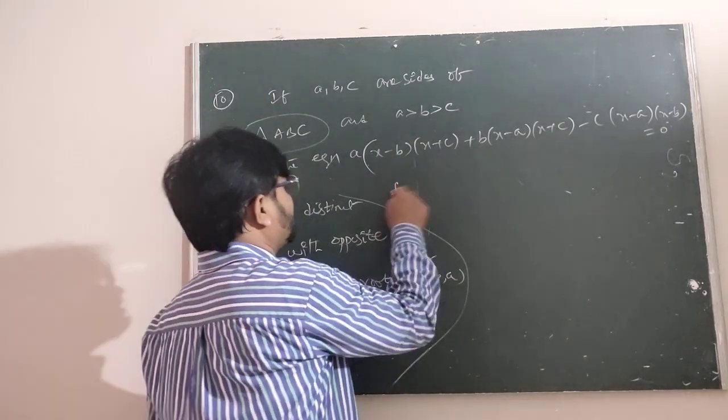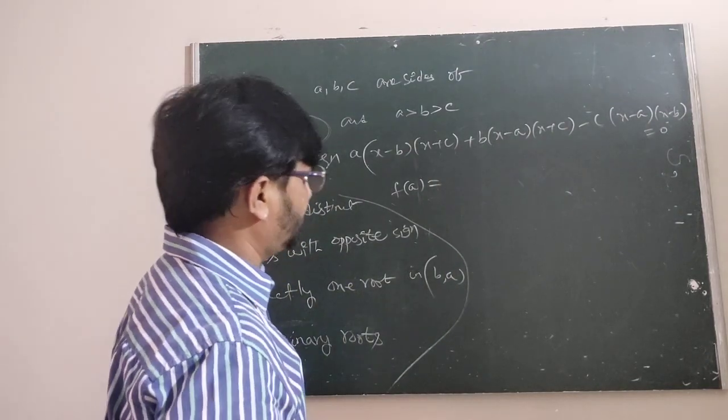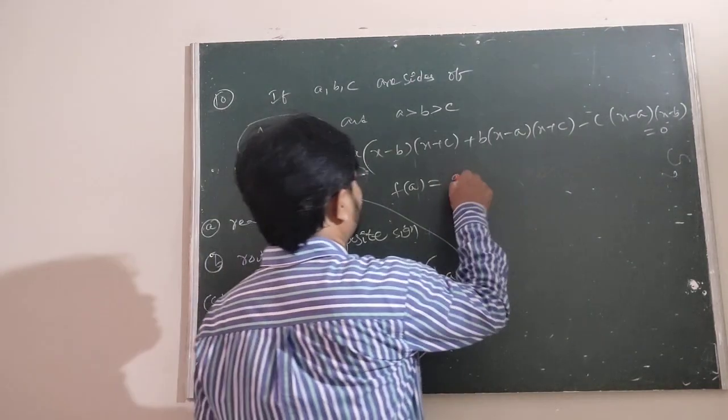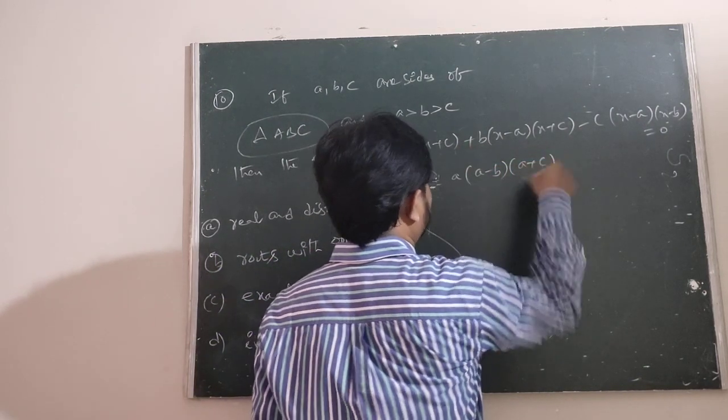Now we take f of a first. Here we observe f of a is a into (a minus b)(a plus c).